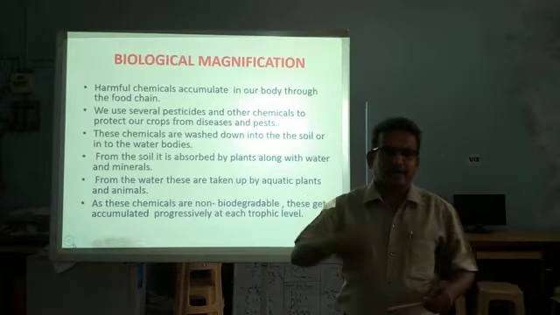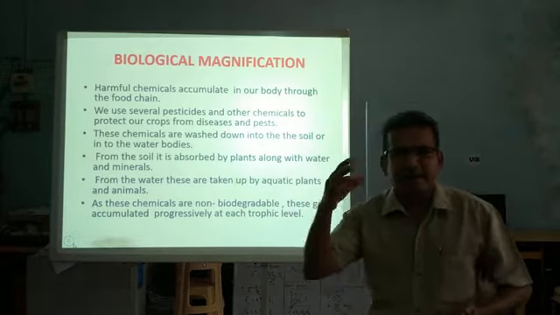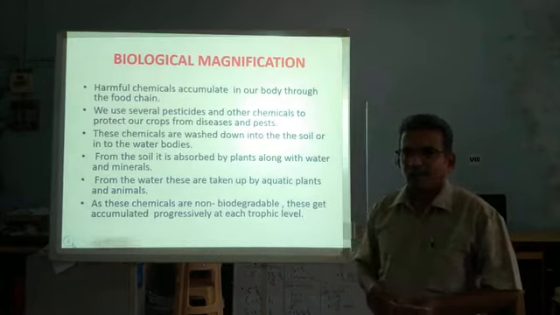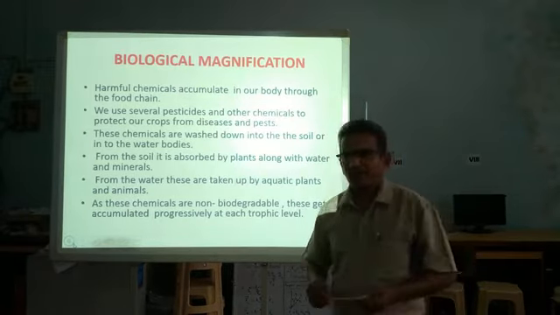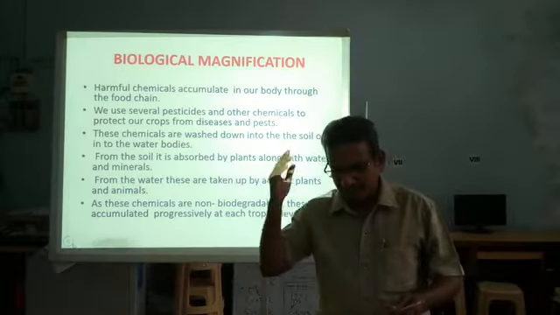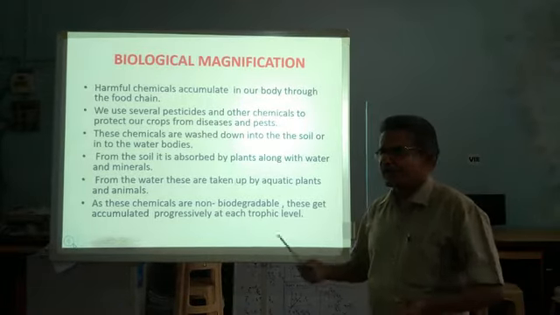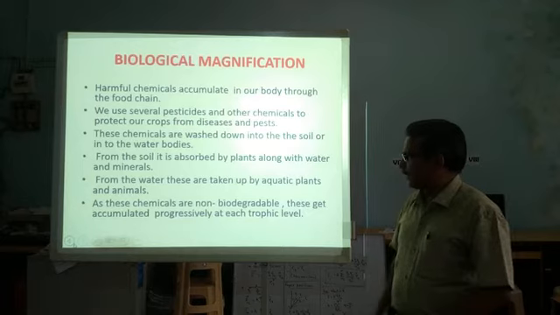As the concentration starts increasing in our body, it may lead to the development of dangerous diseases. Mostly it is the nervous system that is affected, or it may affect the functioning of muscles. Like that, our body starts developing various types of diseases.